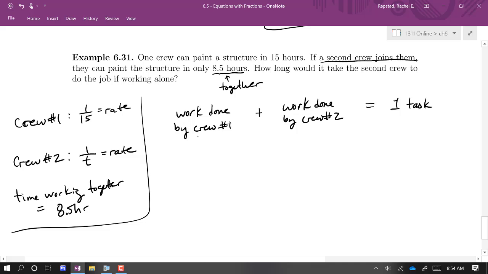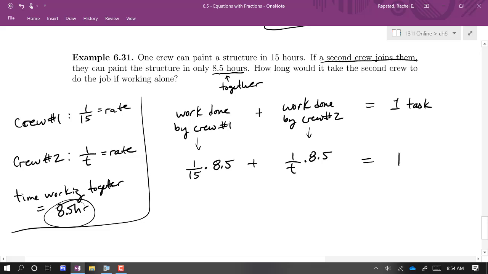So each of these is a rate times a time. So crew number 1 is 1/15. That's its rate times the time. They're working together, we know the time working together. That's 8.5. The work done by crew number 2, that's a rate times the time. Its rate is 1 over t times 8.5 hours. And together they're performing one task.